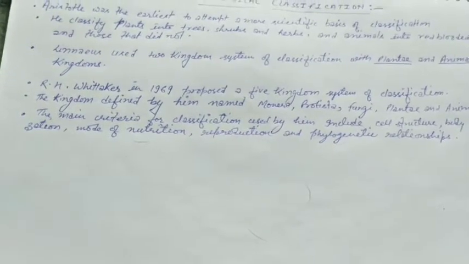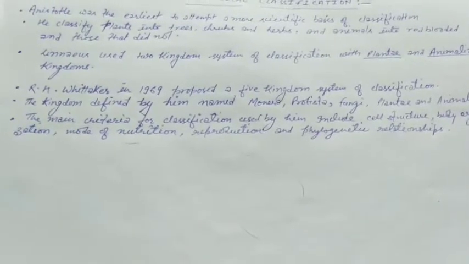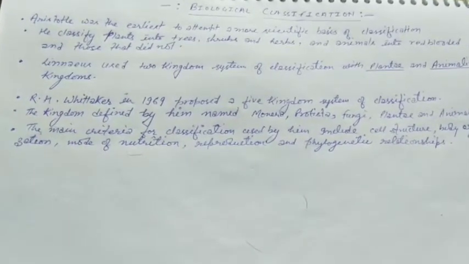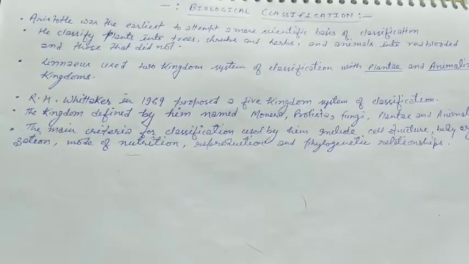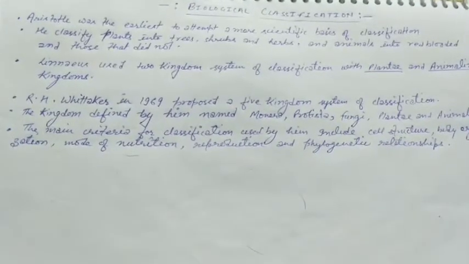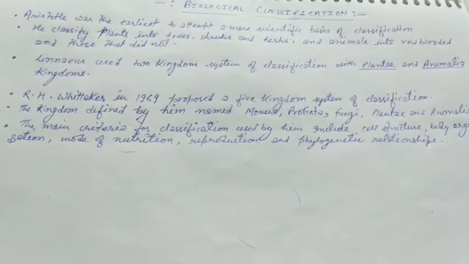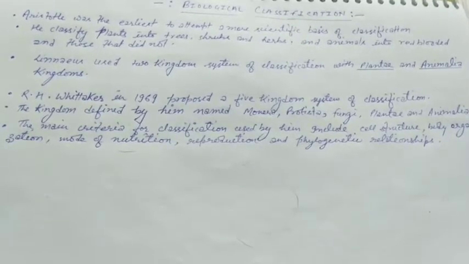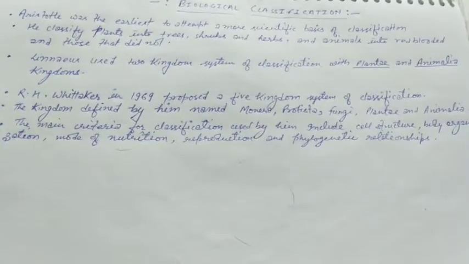The first person who started the classification system is Aristotle, and Aristotle attempted a more scientific basis of classification. Aristotle classified plants into trees, shrubs and herbs, and animals into those having RBC, red blood cells or red blood corpuscles, and those that did not have red blood.